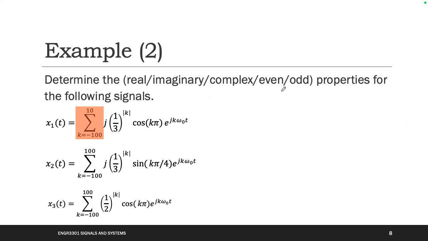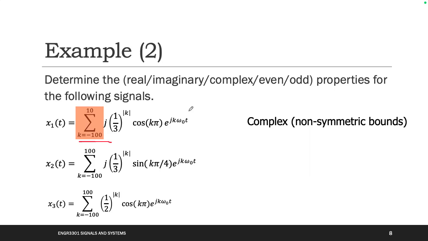Is it real, imaginary, complex, even, or odd? You can see here a_k is from -10 to 10. It's not symmetric. For this kind of signal, it must be a complex signal because it has non-symmetric bounds, which means it must have a complex part. Just remember that.